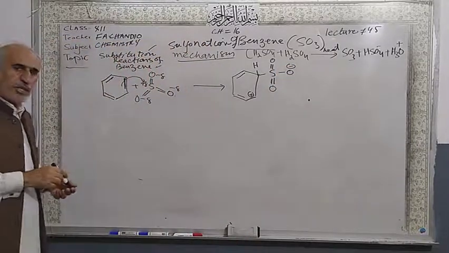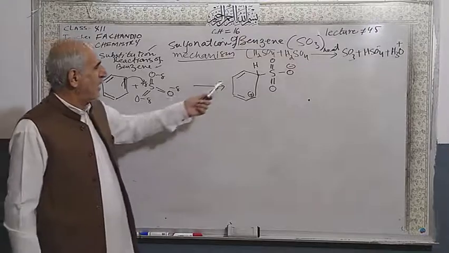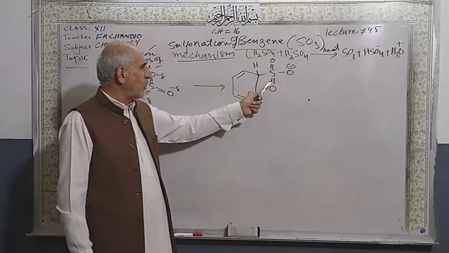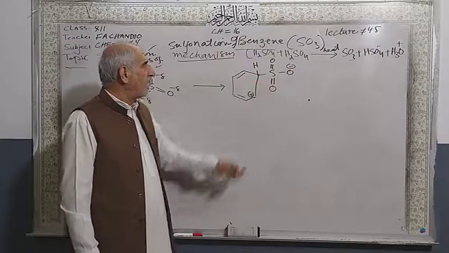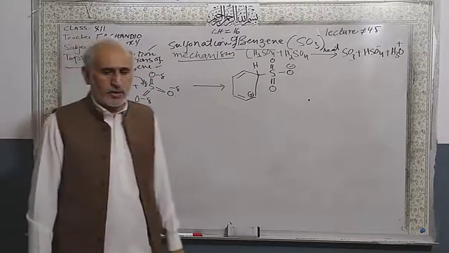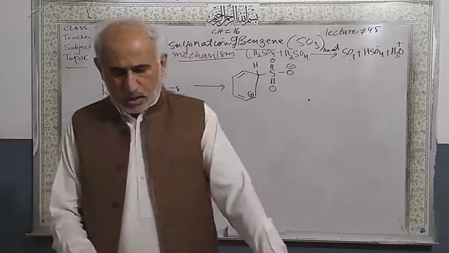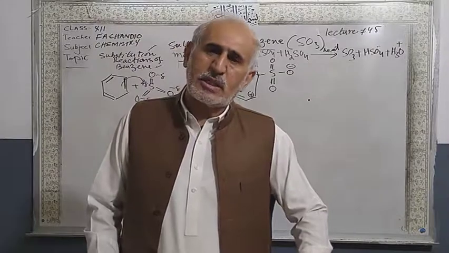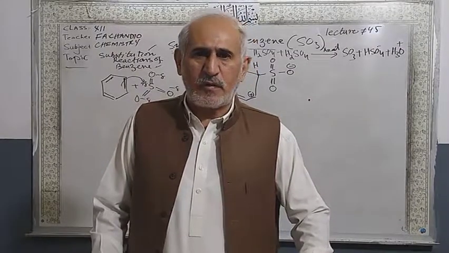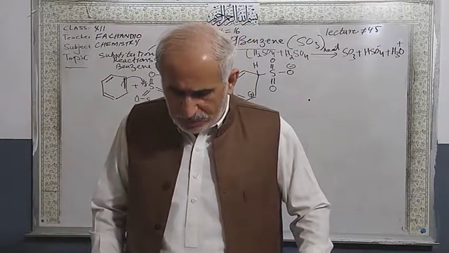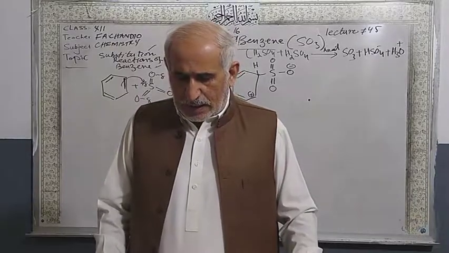Because the oxidation number of sulfur is 6, so one bond is here, 2 and 2, 4, and 5 and 6. The negative charge is created on the oxygen and a positive charge is created on the carbon because the valency of carbon is not satisfied.